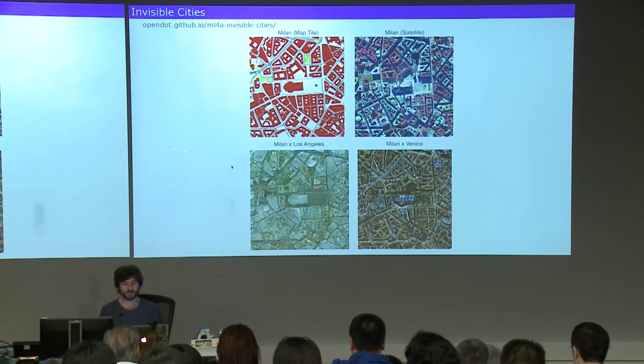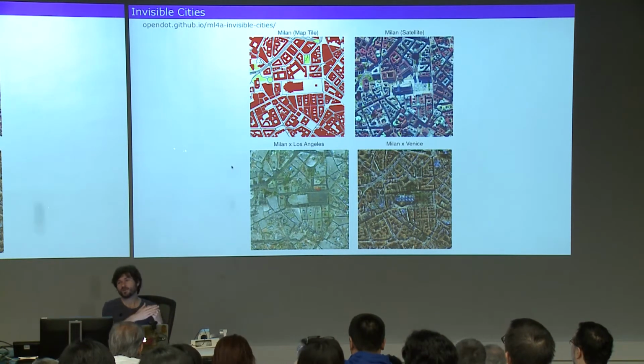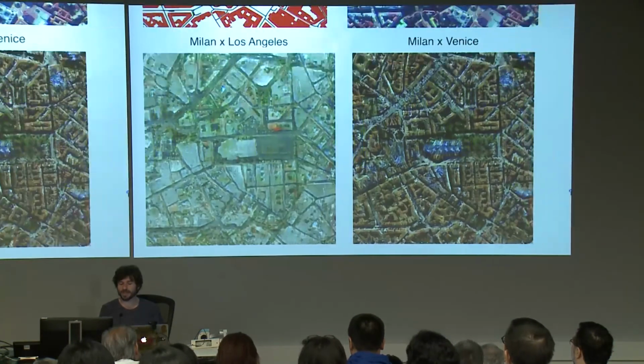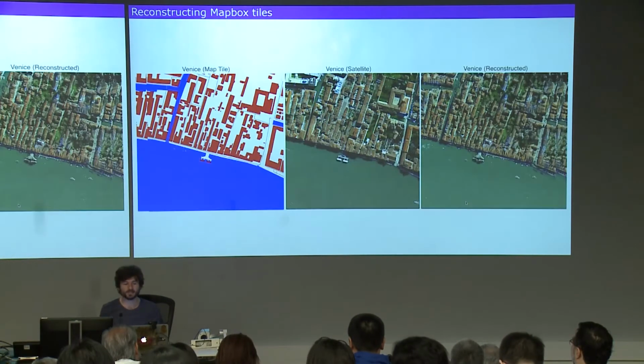I used this for a project called Invisible Cities, where I downloaded map tiles. I already showed this, so everyone already saw this, so I'll just go through it briefly. Generating map tiles, turning those into satellite images of different cities, so you can do city style transfer. Milan in the style of Los Angeles, Milan in the style of Venice.